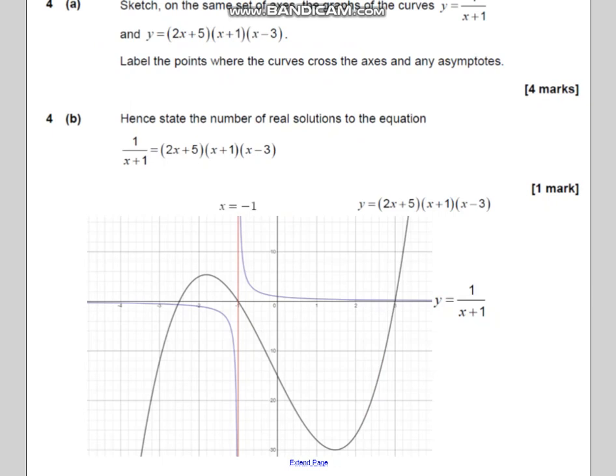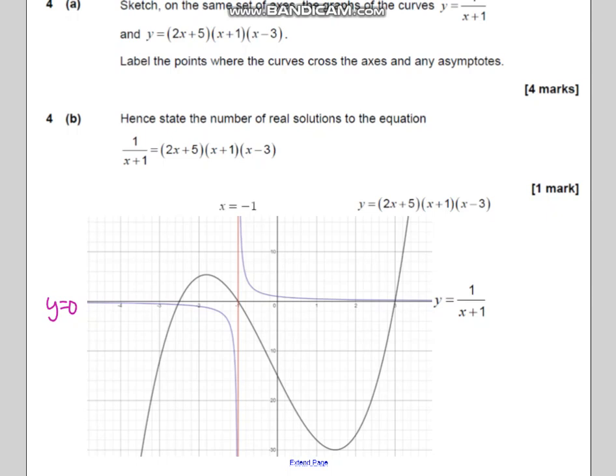So here we go, we can see this graph is now plotted on here. It did say to label all the axes and the asymptotes, and we haven't quite finished that. So this one along here will be an asymptote y equals 0. And the points where they cross the curve, well, this one, y equals 1 over x plus 1, fortunately doesn't cross the curve at all.